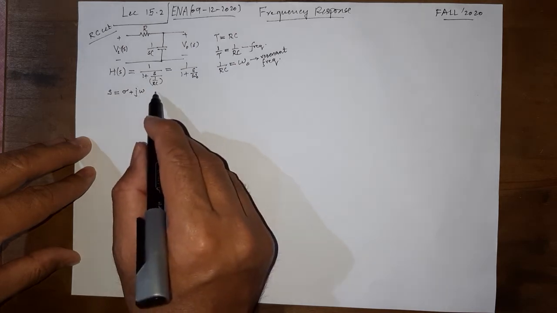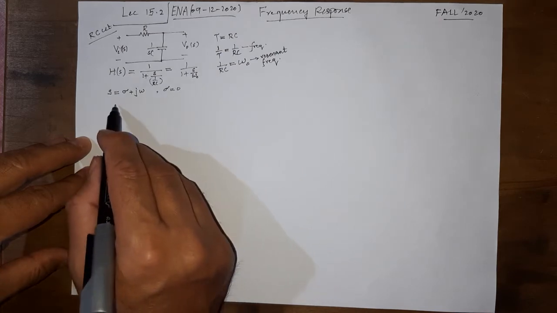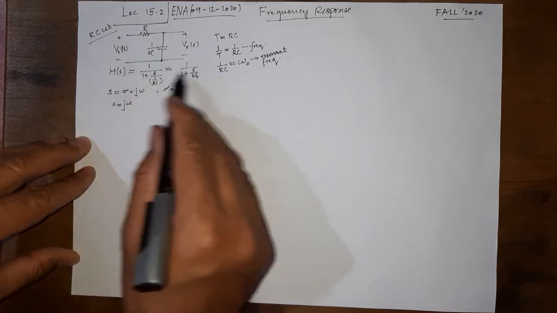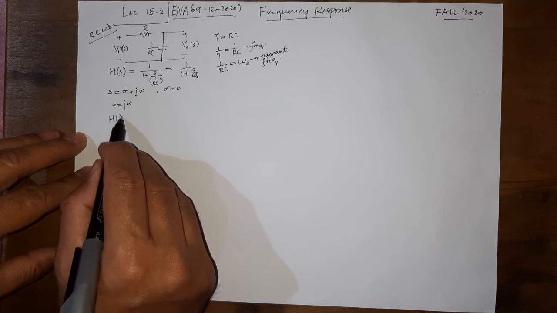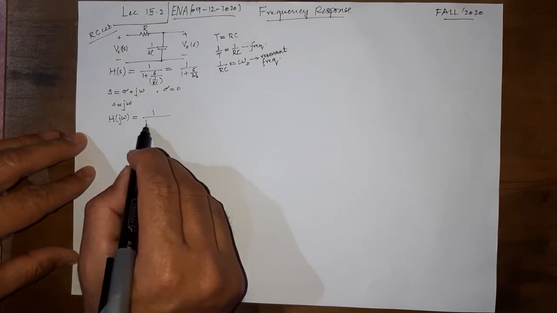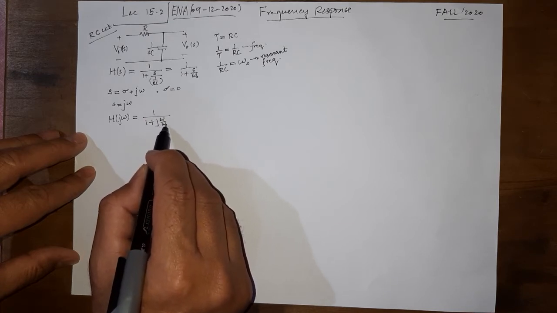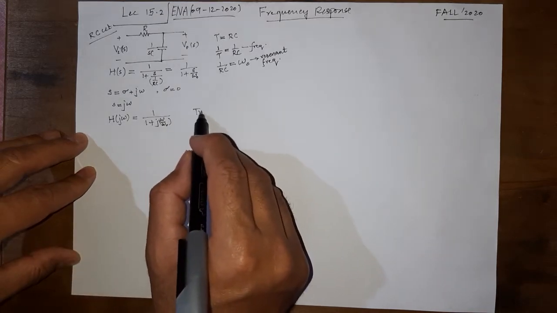So if we make sigma equal to 0, then S becomes equal to j omega, and this transfer function can be written as H of j omega. S is replaced by j omega wherever it appears: 1 over 1 plus j omega over omega naught. So this is now the transfer function.